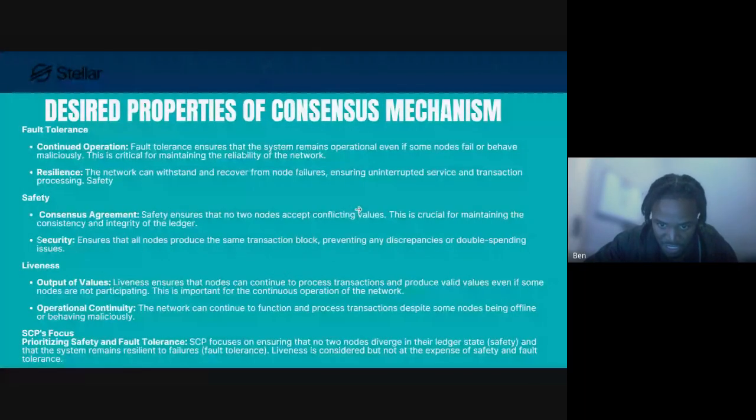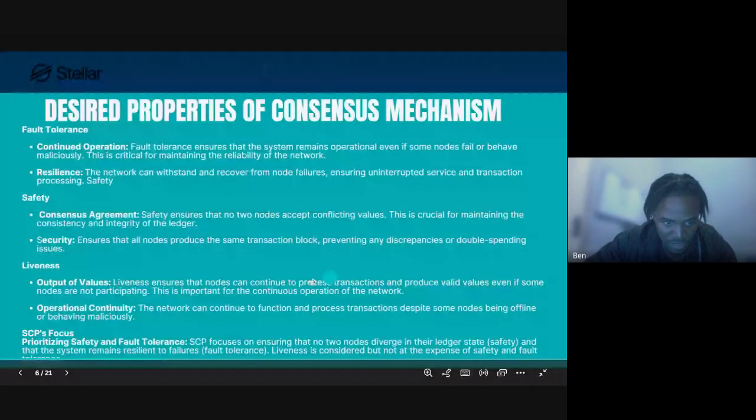Liveness is considered, but not at the expense of safety and fault tolerance. Liveness is also so important. It's one of the most important aspects of the blockchain itself, but it should not come at the expense of safety and fault tolerance.